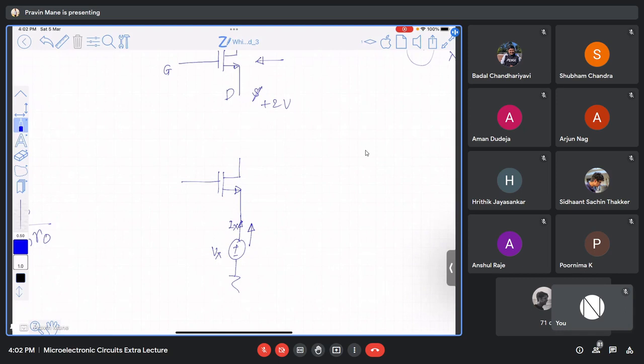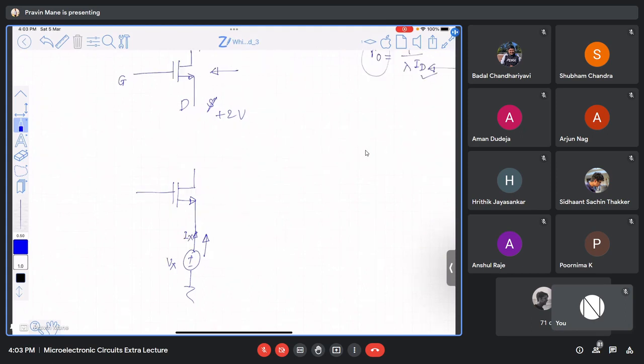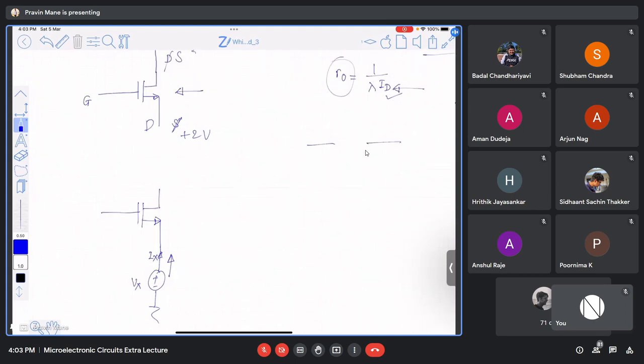When you calculate it, theoretically, practically not possible, you should remove all the sources. If it is a voltage source, it should be short circuited. If it is a current source, it should be open circuited. I am talking about independent sources. Dependent current sources cannot be removed like this. What are the dependent sources in the small signal model?